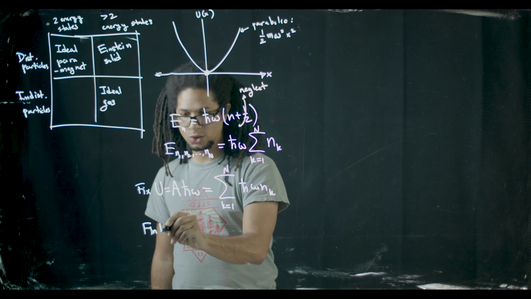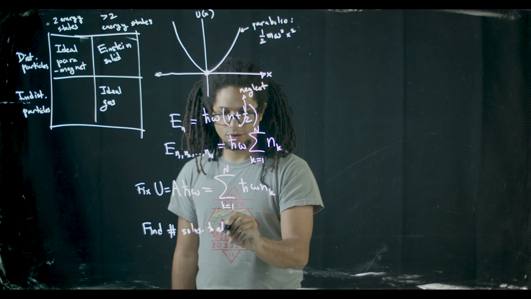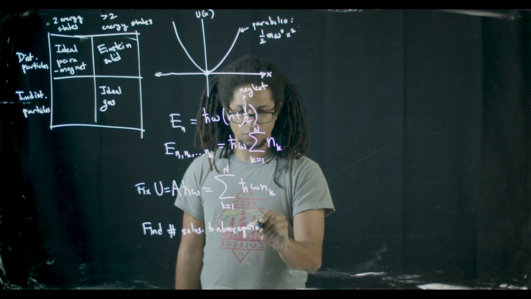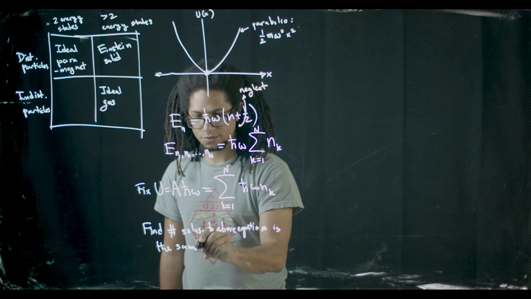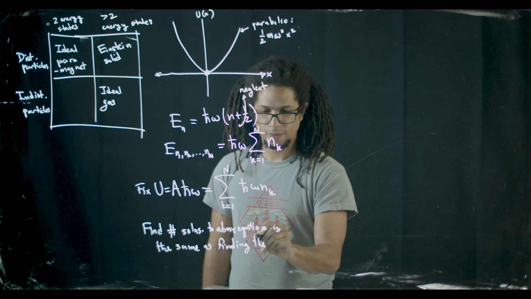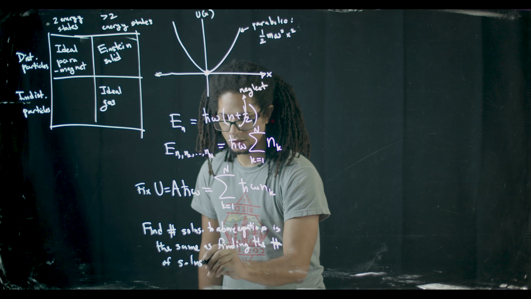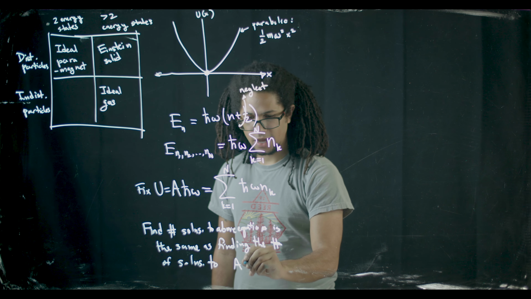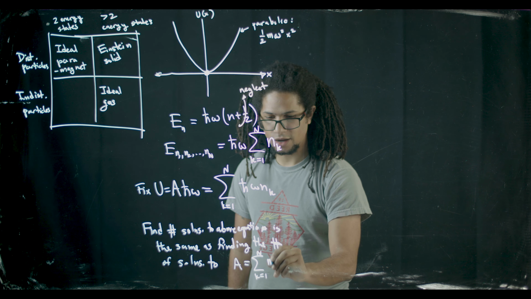So finding the number of solutions to the above equation is the same as finding the number of solutions to A equals the sum, k equals 1 to N, of n sub k.